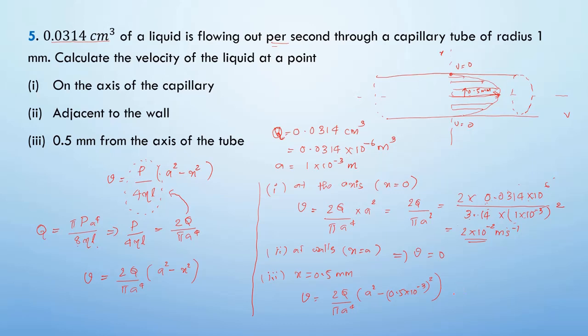By substituting the values and solving, we get the answer as 1.5 × 10⁻² meter per second. So we have maximum velocity 2 × 10⁻² at the axis, and the velocity decreases as the distance increases to 0.5 millimeter, and it becomes 0 at the walls.